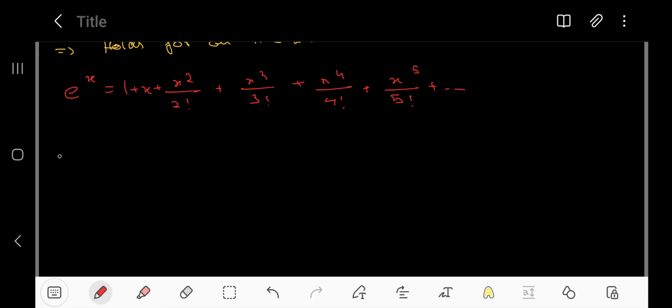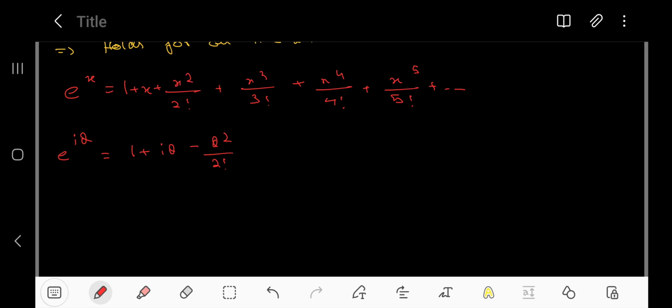Now if I replace x with i theta, what happens? So we have 1 plus i theta plus, so i squared is negative 1, so this is minus theta square upon 2 factorial.